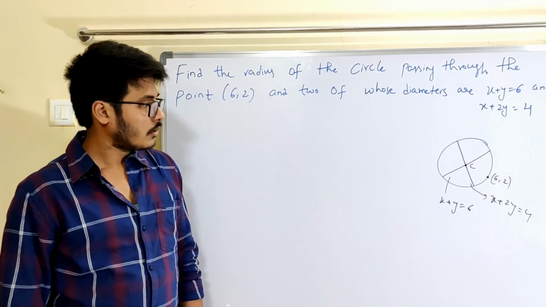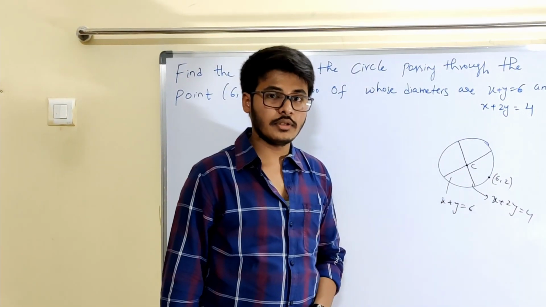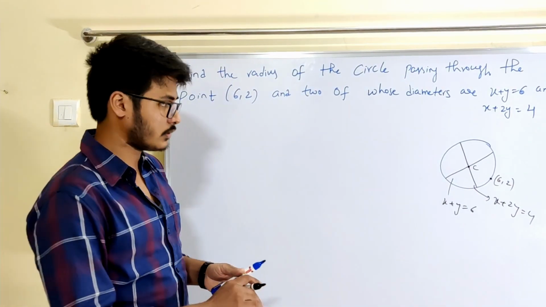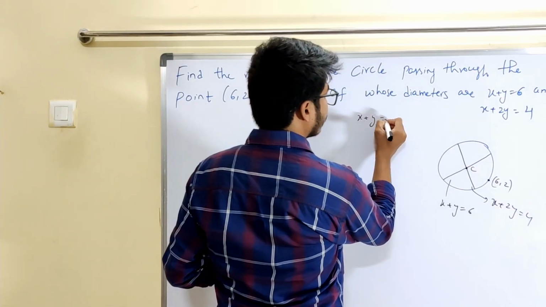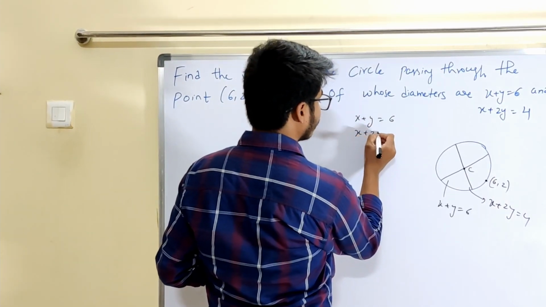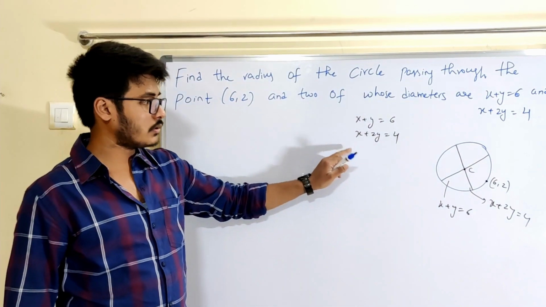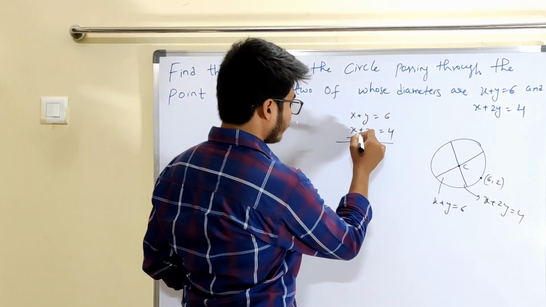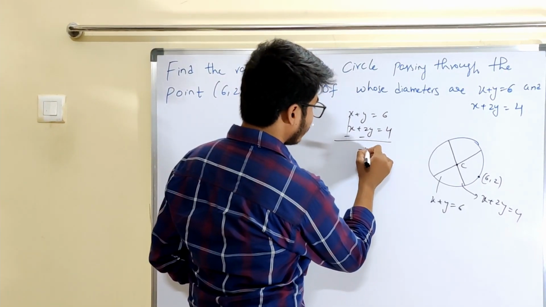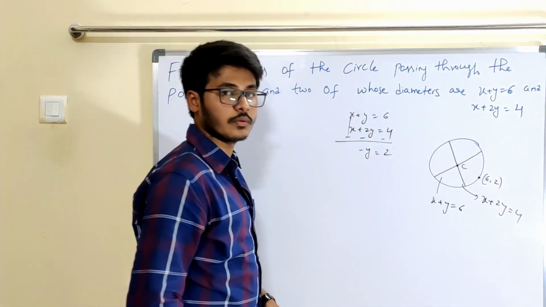So with this you can conclude that by solving the two diameter equations we can get the center. So x plus y is equal to 6 and x plus 2y is equal to 4. By solving this we get minus y is equal to 2.